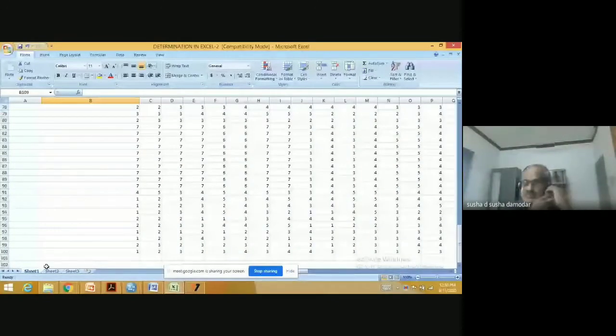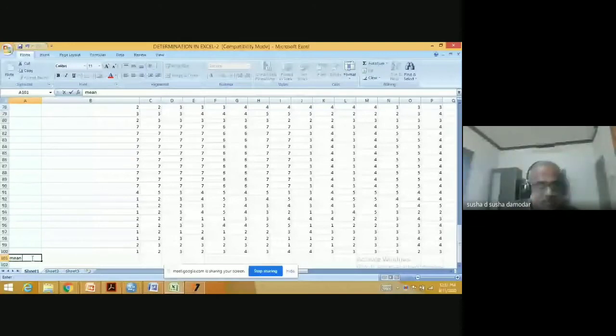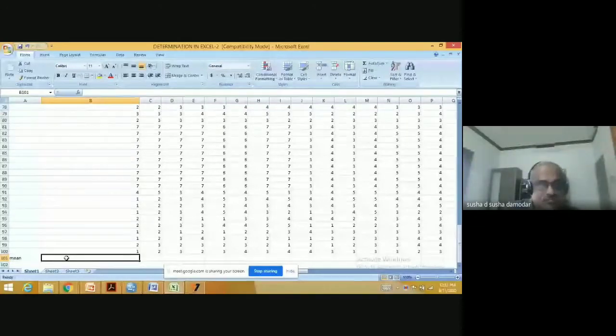Firstly, we have to calculate the mean. Mean here means average, is equal to average.